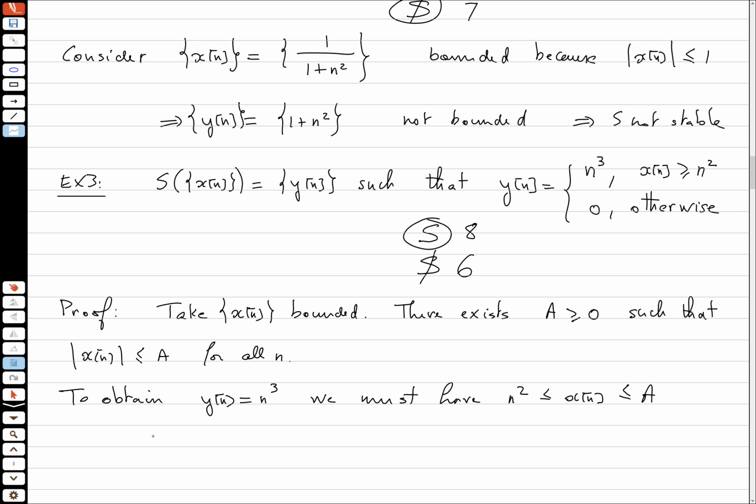So y of n is less than square root of a cubed, since n is less than square root of a.